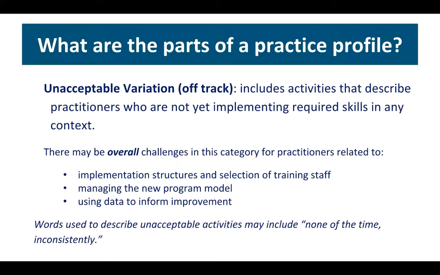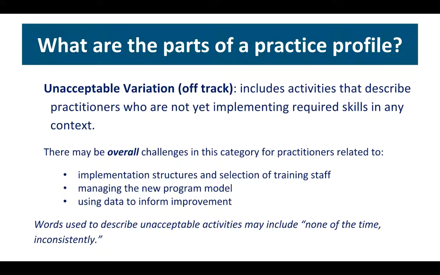And here there may just be some overall challenges for practitioners that are related to maybe implementation structures that are not in place, or selection or training that they have yet to receive, management of the program or model, or maybe using data to inform improvement. So there are some barriers that they have yet to overcome in the system.